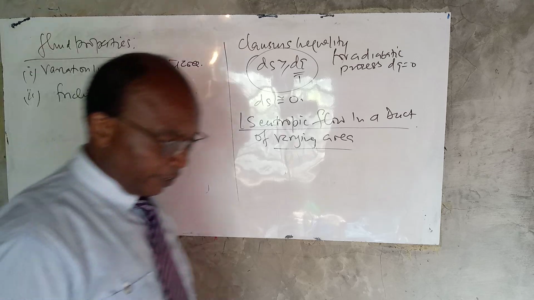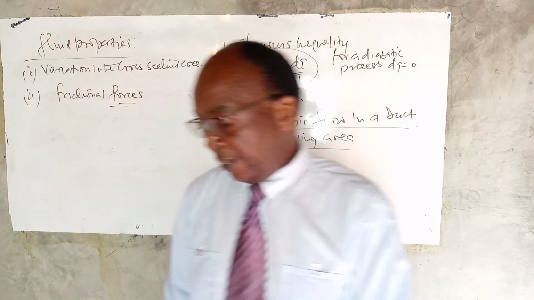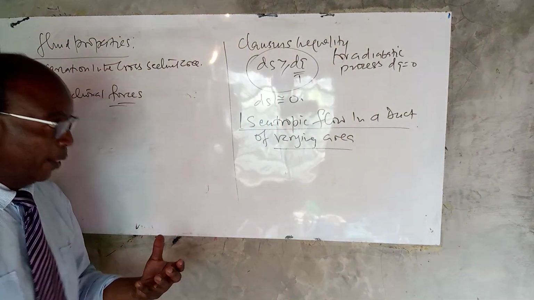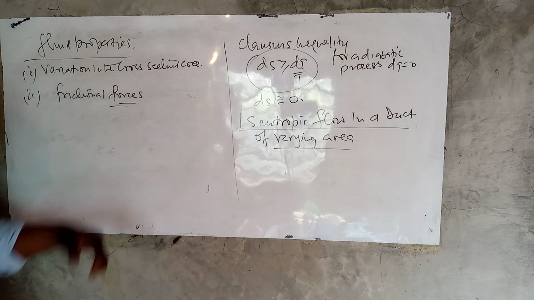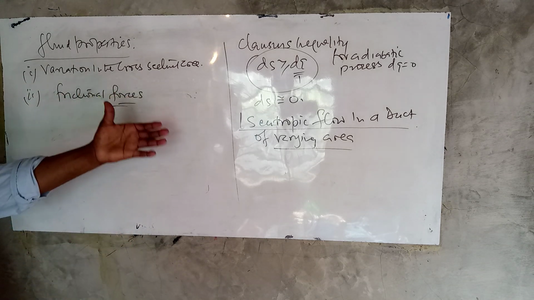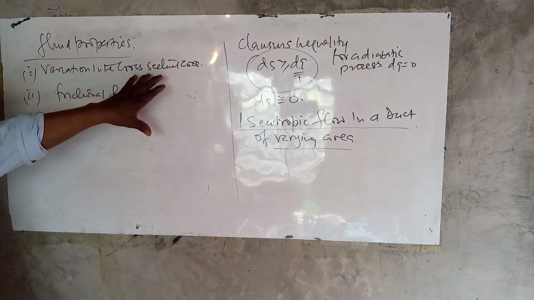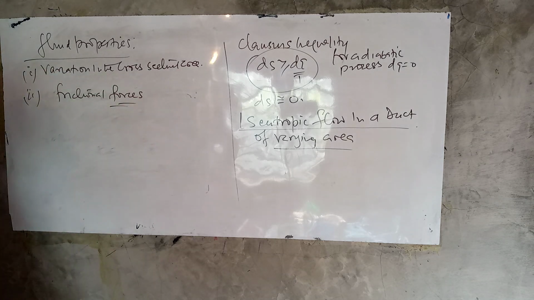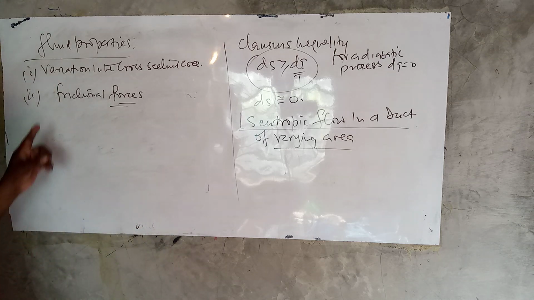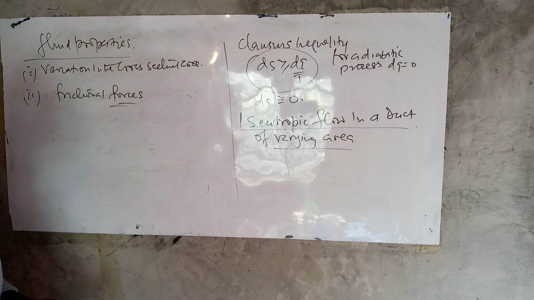Those are the two key things which will affect the fluid flow. When you are dealing with isentropic fluid flow in a duct of varying cross-sectional area, it will simply be the variation in the cross-sectional area which will affect the fluid properties, and frictional forces.